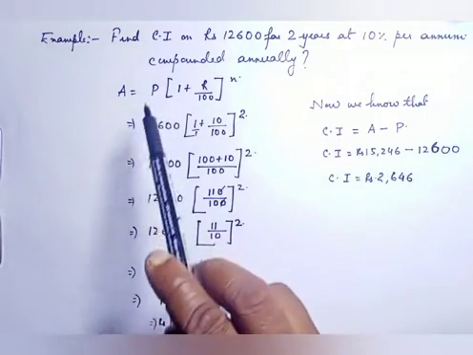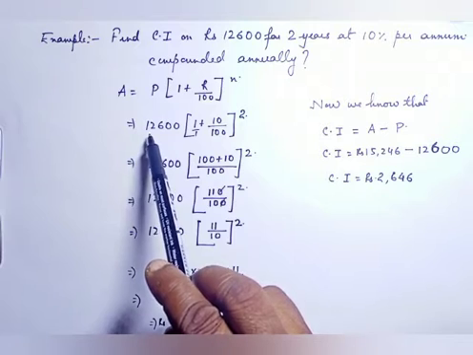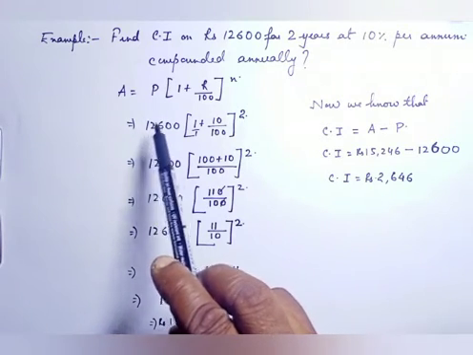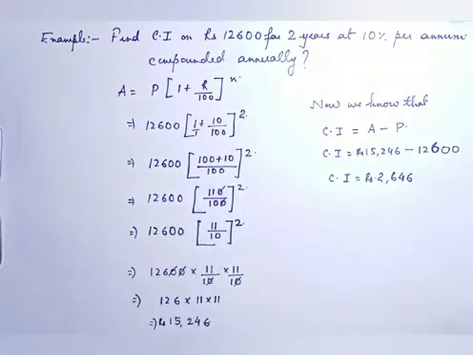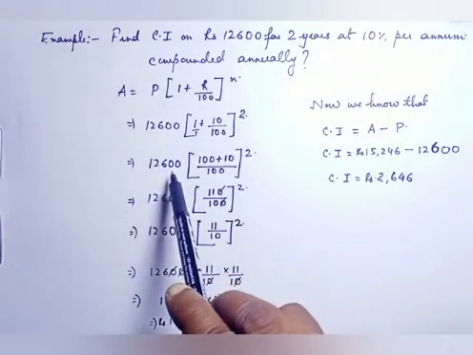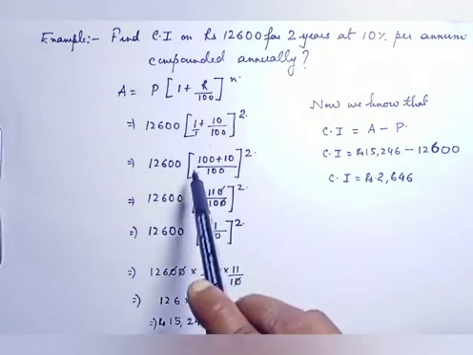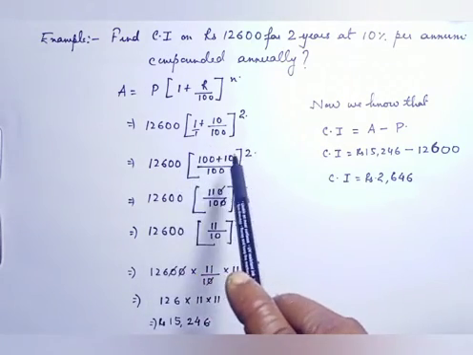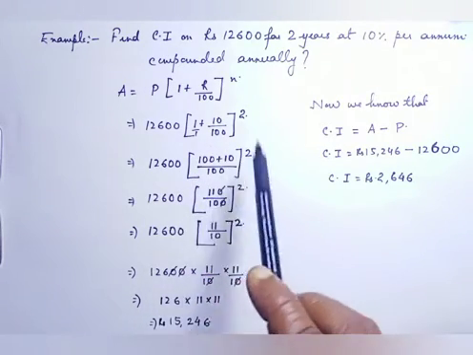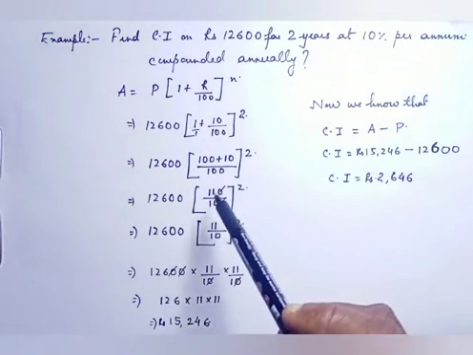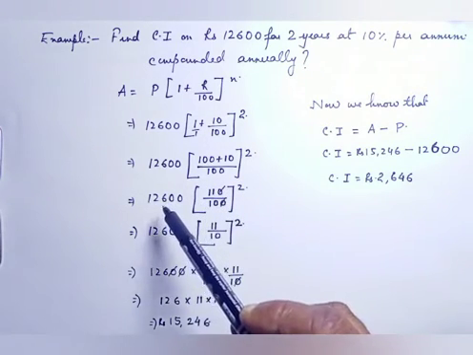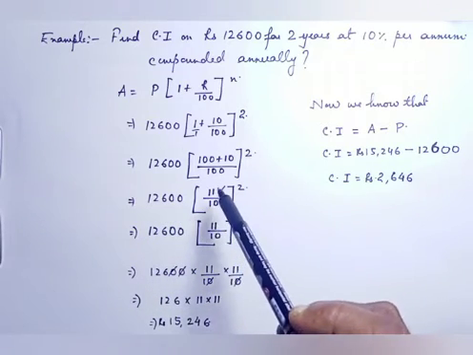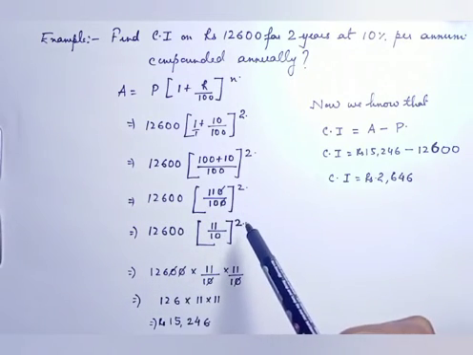So amount is equal to principal, which is given as 12,600, into 1 plus 10 upon 100 to the whole power 2. So 12,600 into 100 plus 10 upon 100 to the whole power 2. It can be simplified, that is 110 upon 100. So 12,600 into 11 upon 10 to the whole power 2.